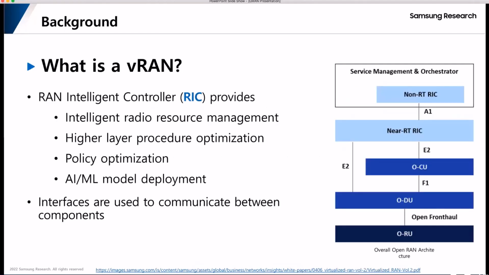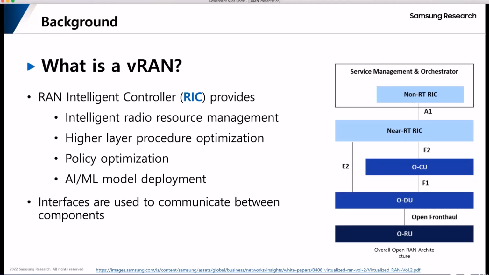So in addition to the VDU and VCU, the other component of the Open RAN is the RAN Intelligent Controller or RIC. Here on the right, we see the overall Open RAN architecture. This RIC is introduced to provide intelligent radio resource management. And this also provides optimization for various components within the RAN.